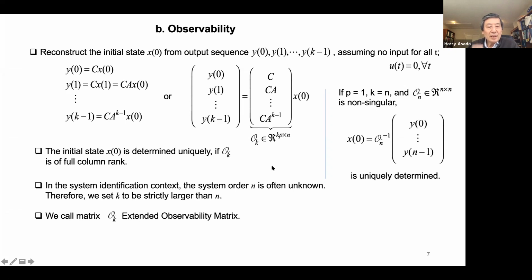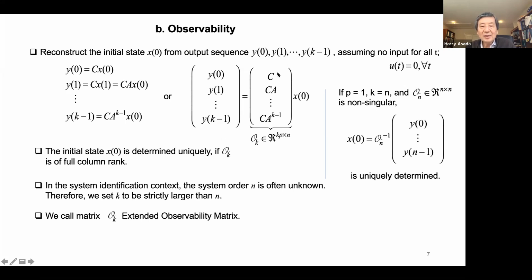Now, in the context of system identification, usually we do not know the true order of the system, n. So for k here, we just take a large k, which is presumably, and definitely I would say, larger than n.